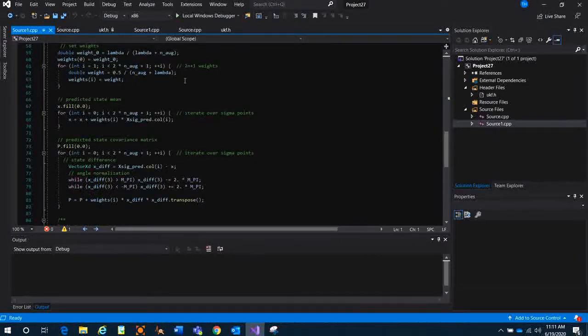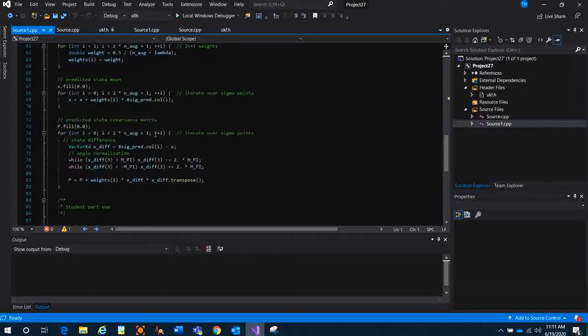After we create a lambda for each sigma point, we predict the mean state using the formula, and we also predict the covariance matrix.